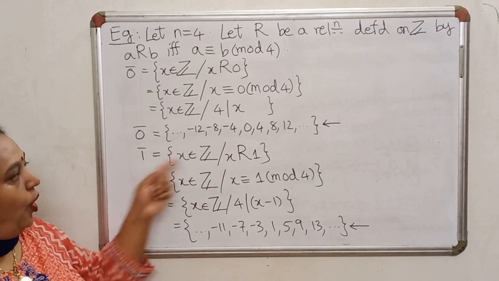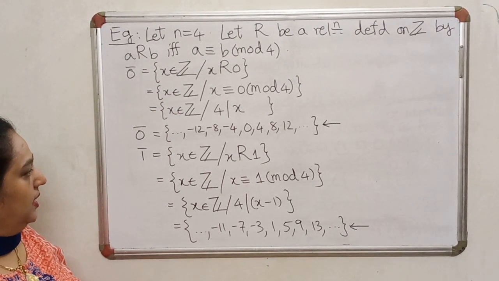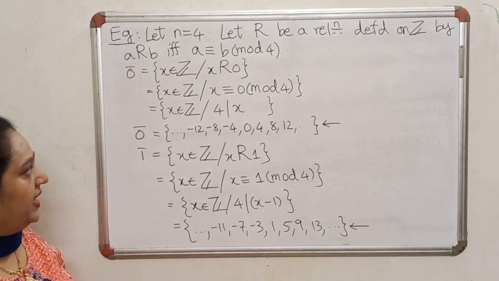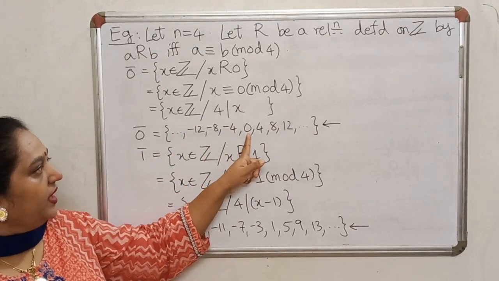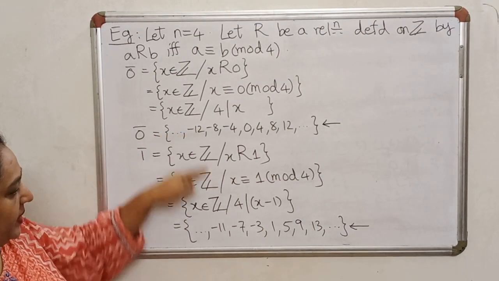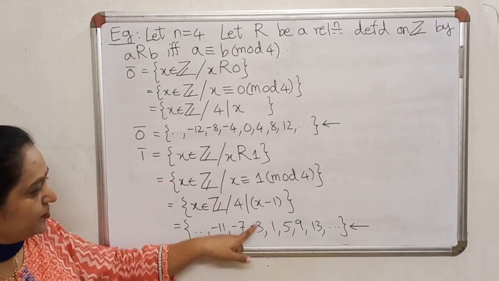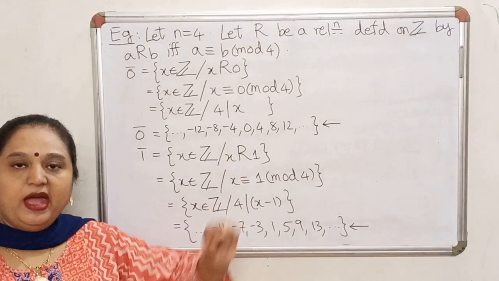Instead of going through all the details, what I would like to do is see if there is some kind of a pattern which will tell me the equivalence class of 2. Notice that if I add 1 to every element in this set, I'll get the elements of this set. Minus 12 plus 1 is minus 11, minus 8 plus 1 is minus 7, minus 4 plus 1 is minus 3, 0 plus 1 is 1, 4 plus 1 is 5, and so on.